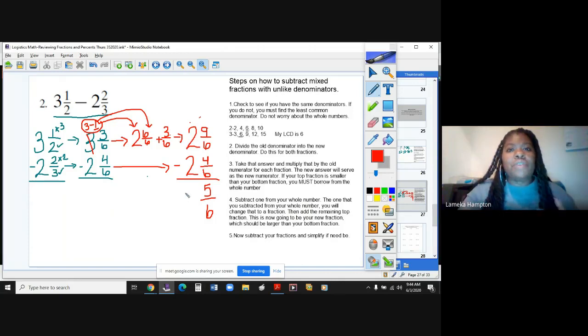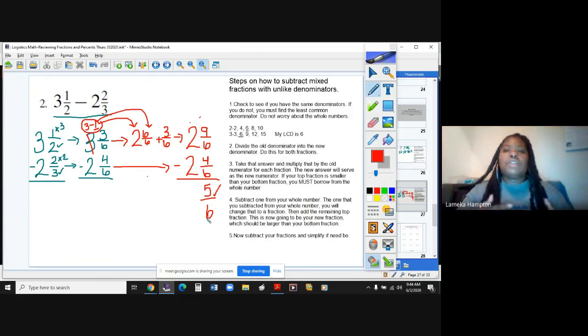You would not have to put a 0 right there. So you can leave this part blank because we know that 2 minus 2 is 0. You don't have to write a 0 there because it makes the fraction kind of look silly. So this would be my final answer. 5 over 6. That's my final answer.